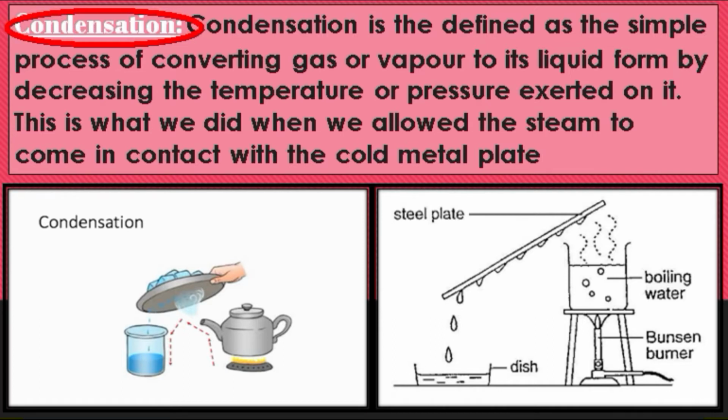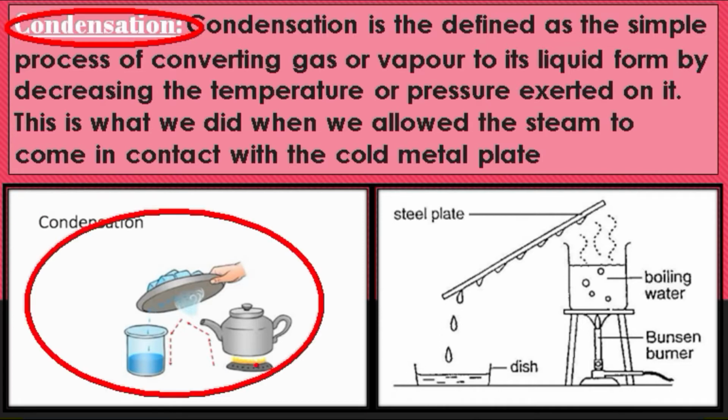As you can see here in this image, this one is the kettle, and the kettle contains water, and the water in the container starts boiling as soon as it comes in contact with heat. And as soon as the water starts boiling, it evaporates in the form of water vapor, as you can see here.